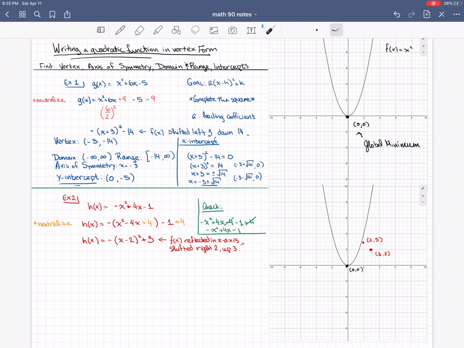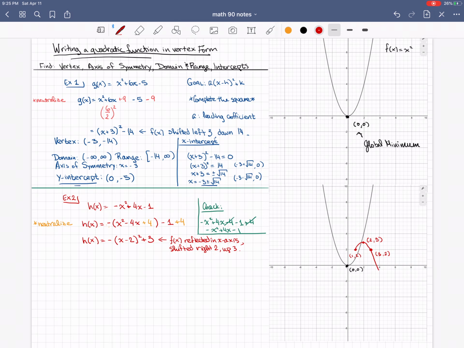Let's do one more point. So negative 1, 1, shift right 2, reflect in the x-axis, shift up 3. So that ends up there. So that is the point 1, 2.